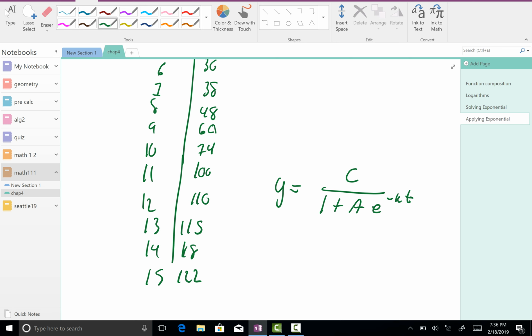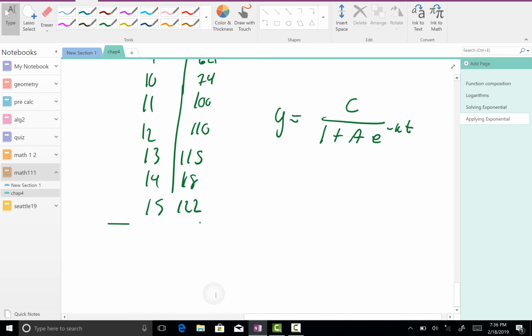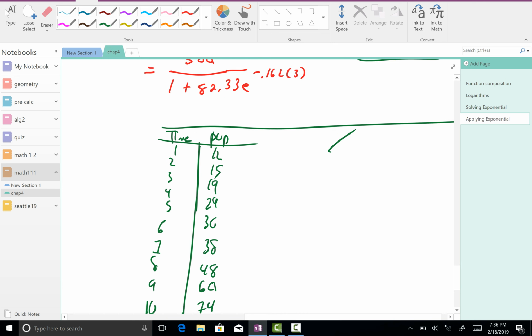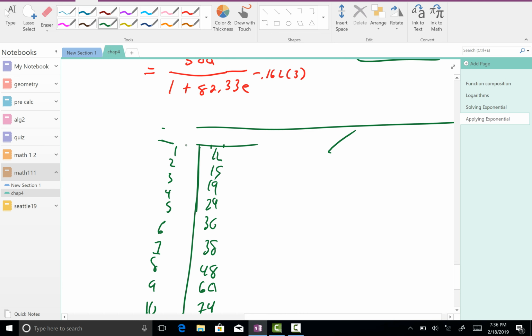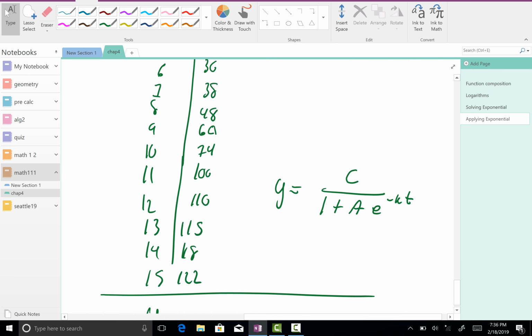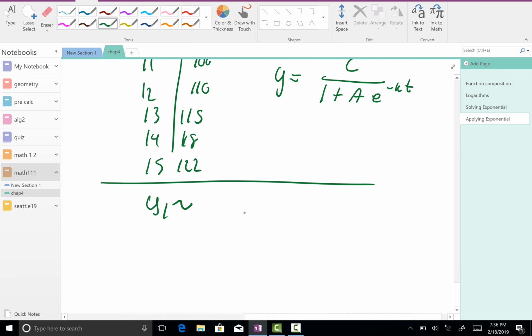All right. So what you want to do is go into another line of Desmos. We're going to type Y1 or Y2, depending upon your data. Make sure you get that tilde. C divided by, and it's going to put it on the bottom.